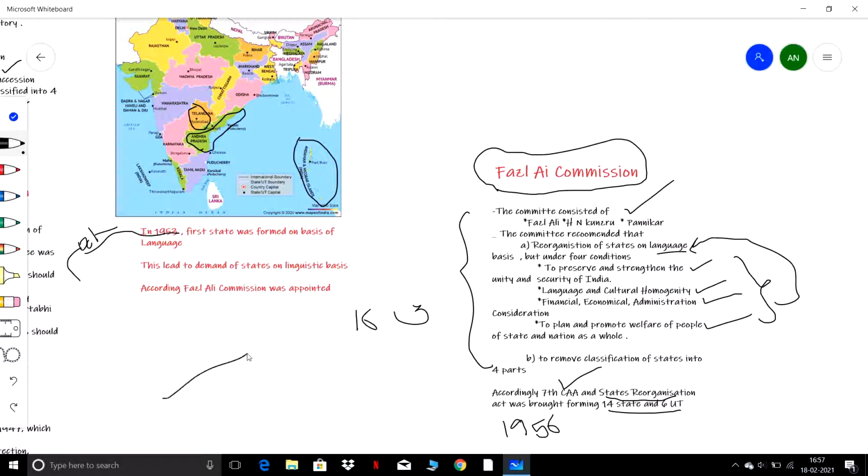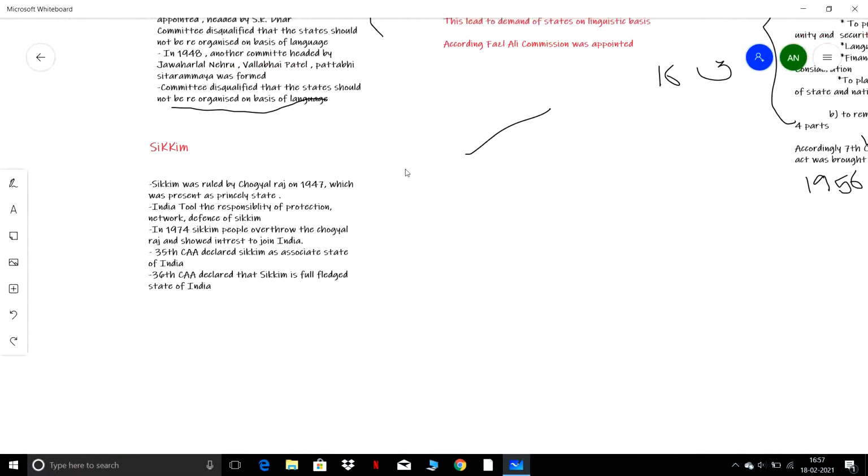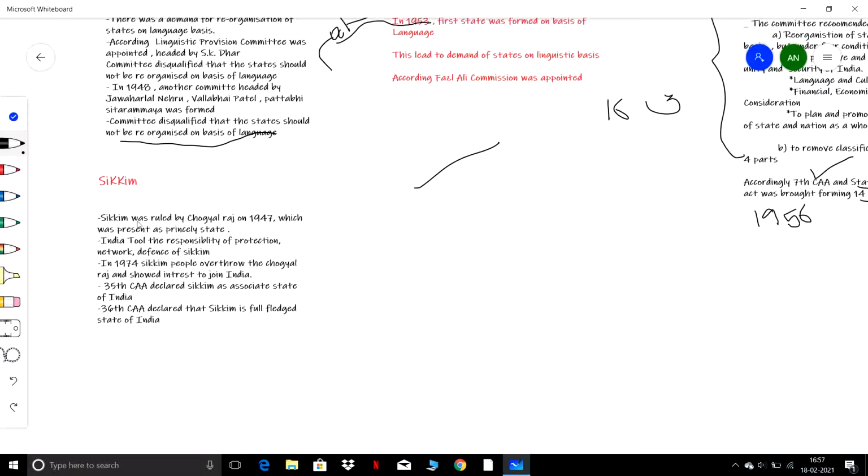Let's come to the exception with respect to Sikkim. Sikkim was ruled by the Chogyal until 1947, when the British paramountcy lapsed. What is British paramountcy?